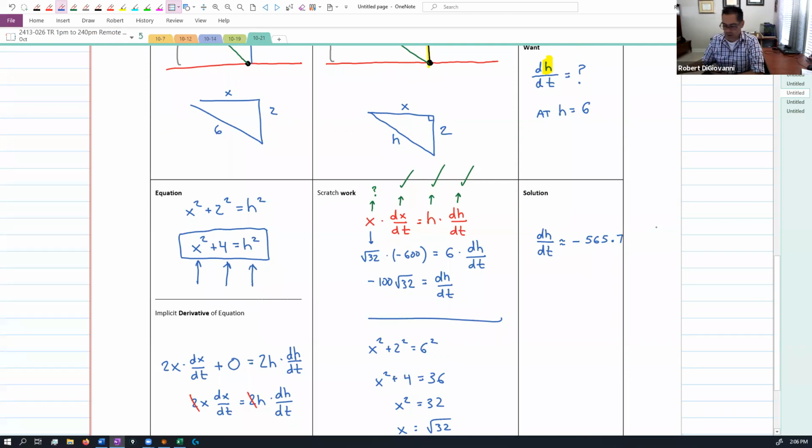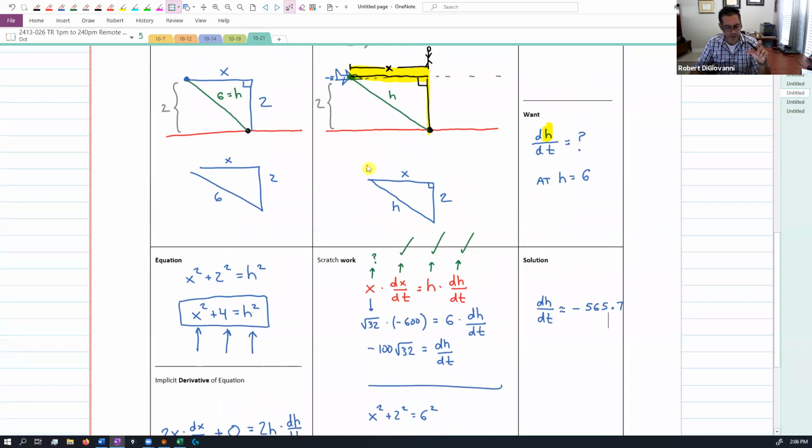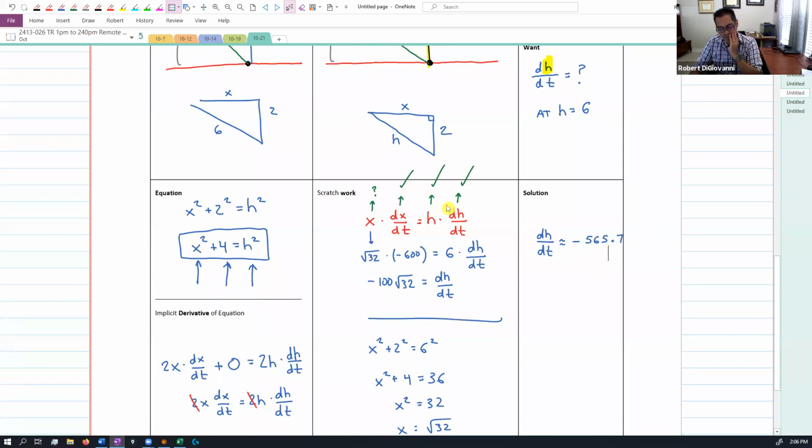What per what? So h is a measurement of the distance between the two. How are we measuring distances in this problem? Miles. Miles over the time measurement here, which is hours. Or miles per hour, right? Same thing.